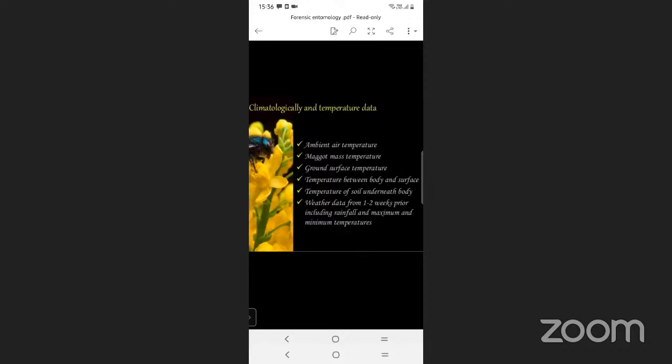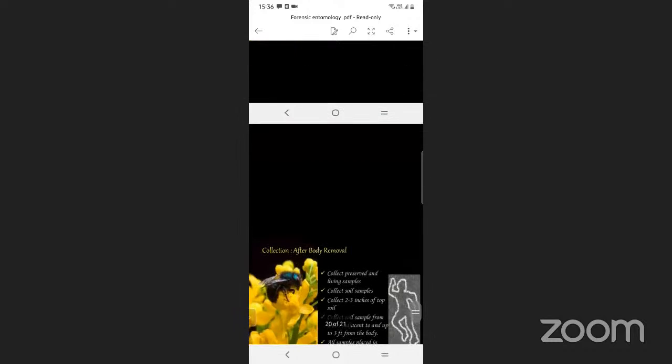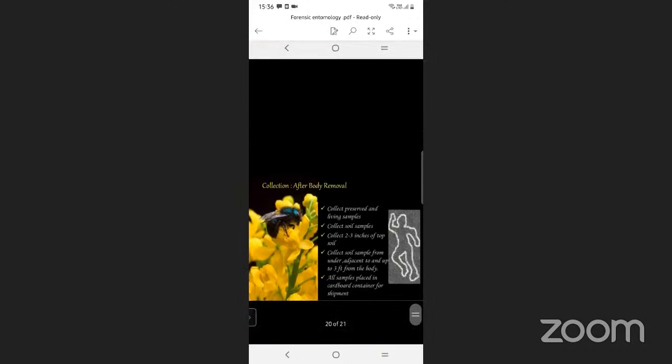All these they will take into consideration. So this part we call climatological and temperature data, which is a must to estimate and study forensic entomology.